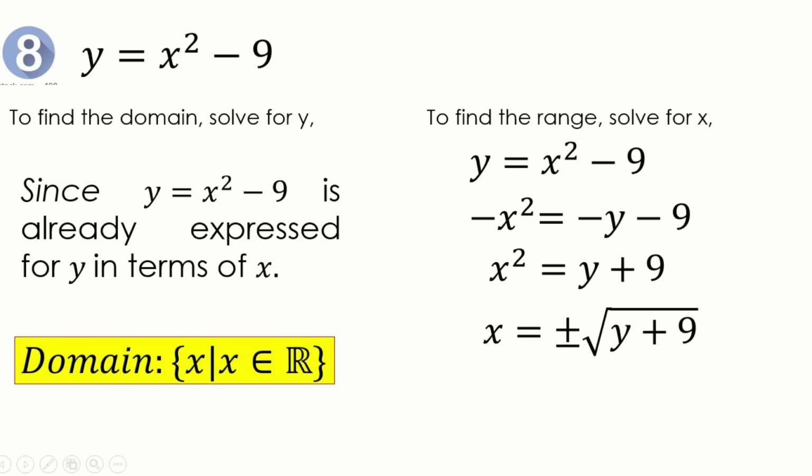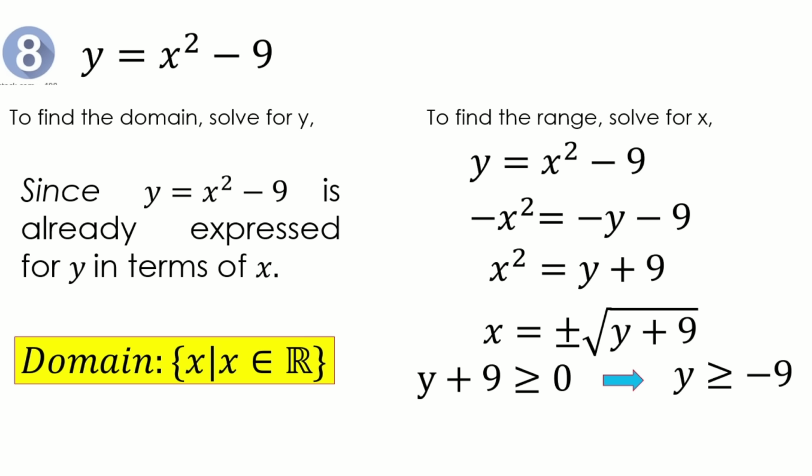So, it should not be negative. So, how do we get that? Equate y plus 9 to greater than or equal to 0. So, therefore, y must be greater than or equal to negative 9.